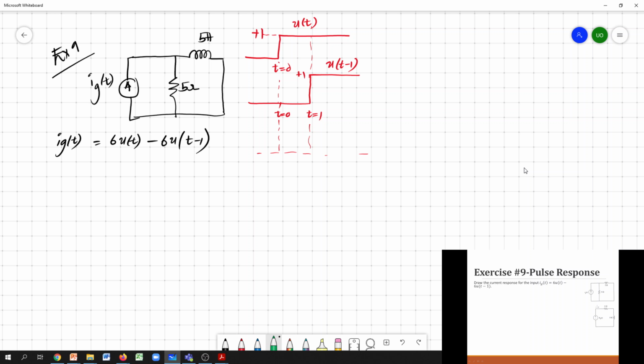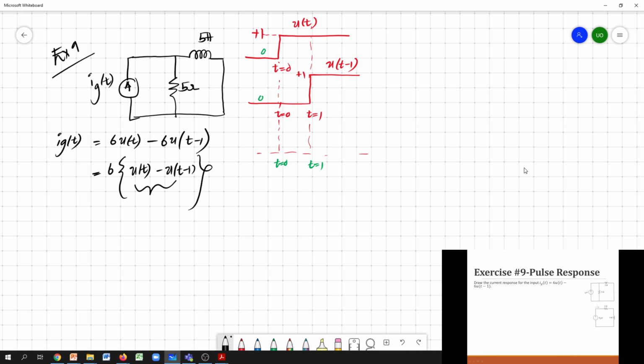Let's assume t is 0, t equals 1, and so on. During minus infinity to t equals 0, both functions are in the 0 state, so 0 minus 0. For the time being, we'll simplify it like this: u(t) minus u(t minus 1).